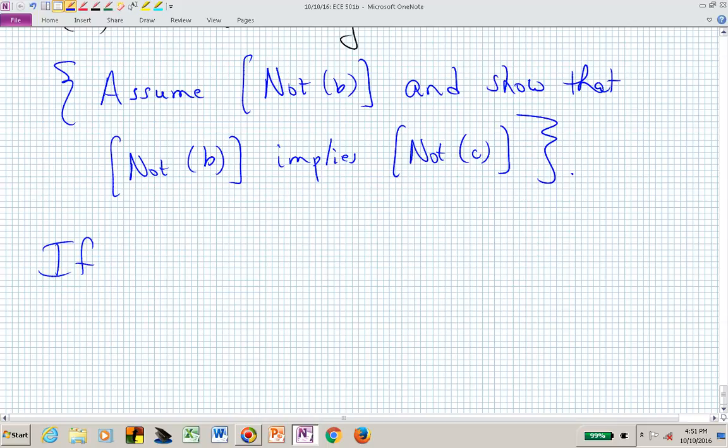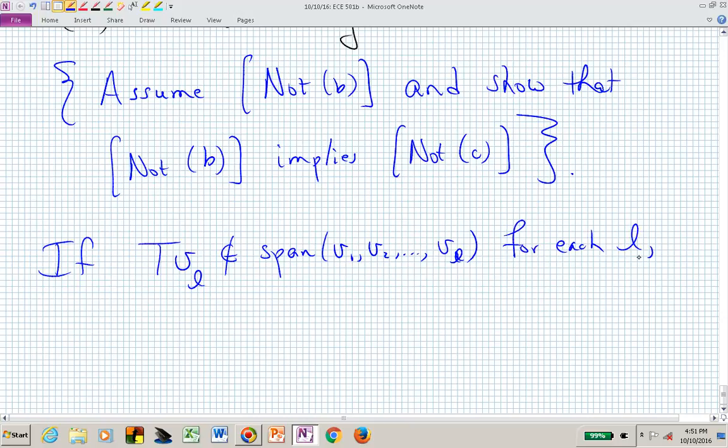If we now look at T v sub L, we know that that's not supposed to live in the span of V1, V2, up to V sub L if we're assuming not B. And that's true for each L. That's not B. B was T V sub L is in that span, and we negate that statement.